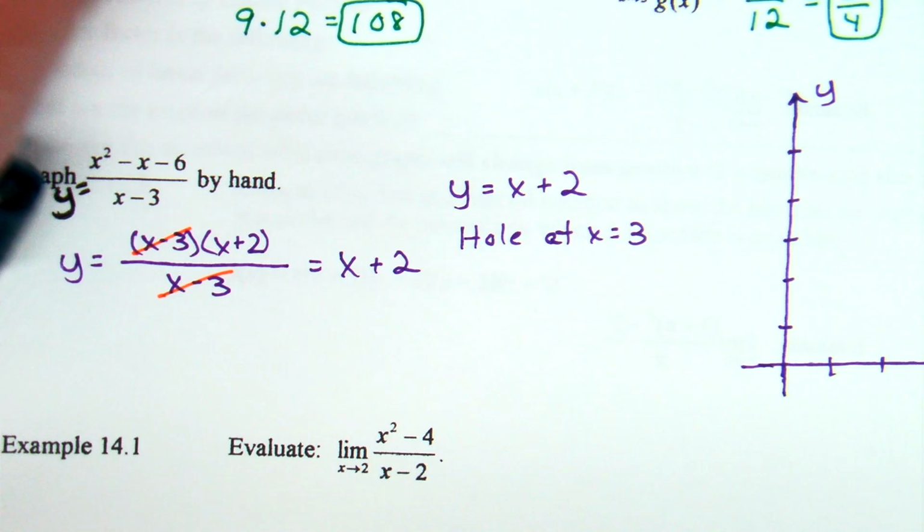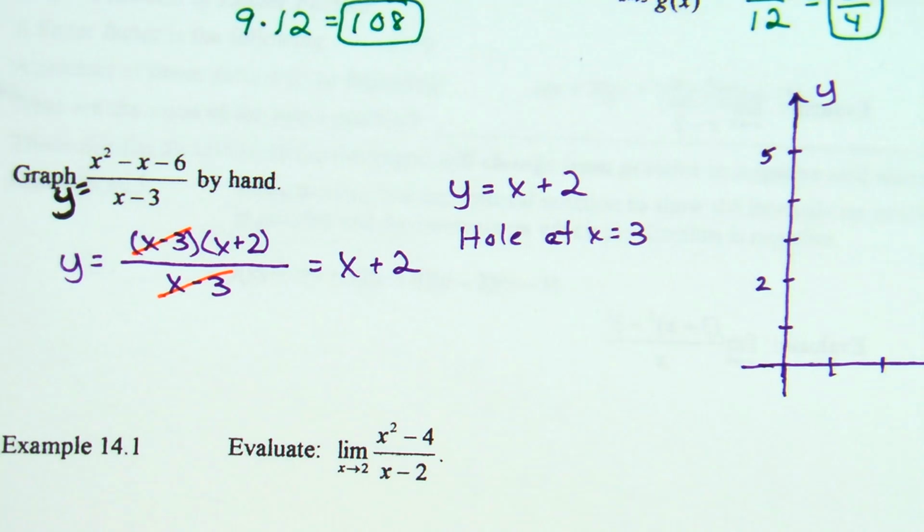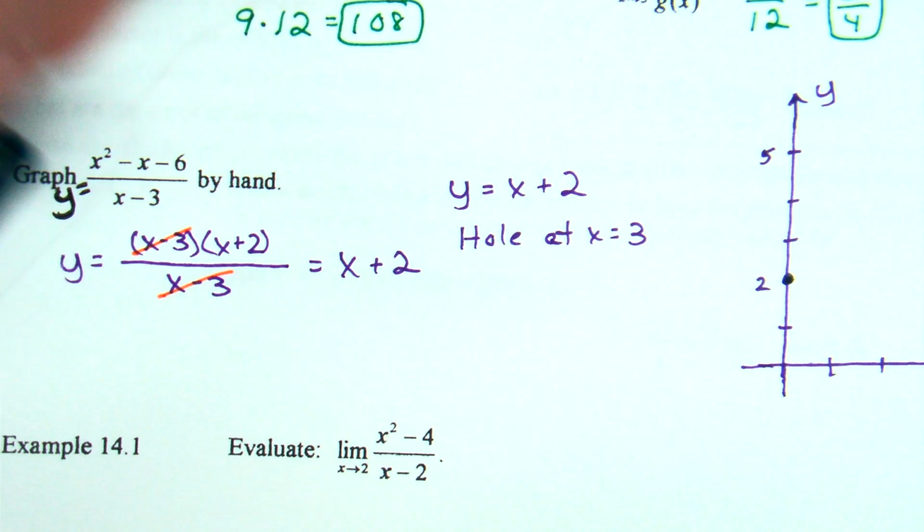So y equals x plus 2 is a line that has a y-intercept of 2 and a slope of 1.